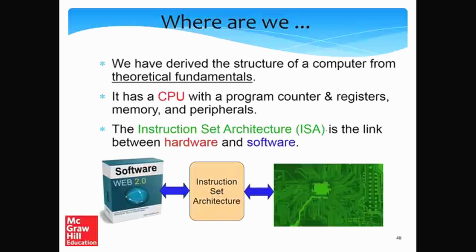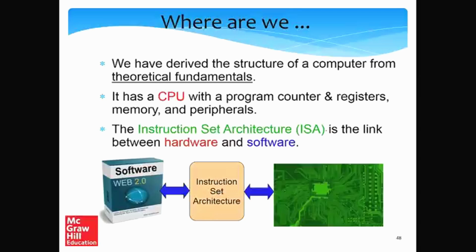One, it needs to have a CPU, which is the brain of the computer, which pretty much runs all the instructions. We need a program counter to tell us where we are in the current program, which instruction we are executing. We need storage locations such as registers and memory. And finally, we need input-output devices like mice, keyboards, monitors, and printers.